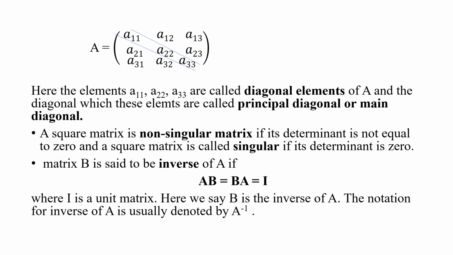So, AB equal to BA equal to I, where I is a unit matrix, then B is said to be the inverse of A, and usually we denote the inverse of A as A inverse.